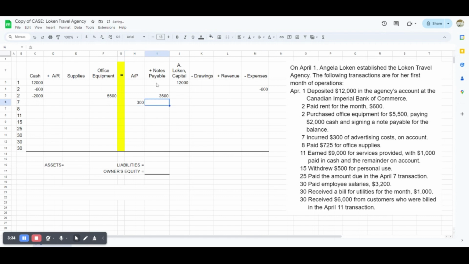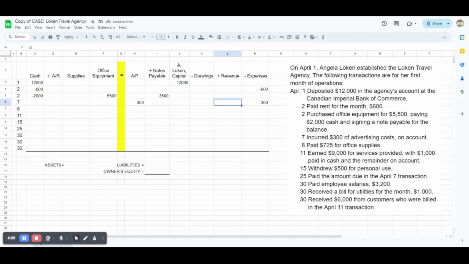Okay, and it's advertising costs, so you're not getting any assets. This is going to be an expense, and expenses, I'm pretty sure, always go down because how can paying money for something that's not an asset increase your value as a company? Like, it won't increase your value, so it's going to go down.